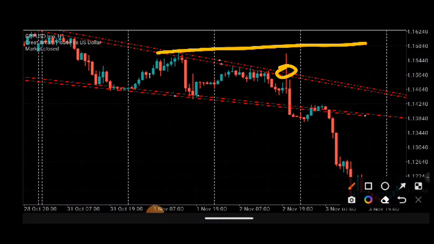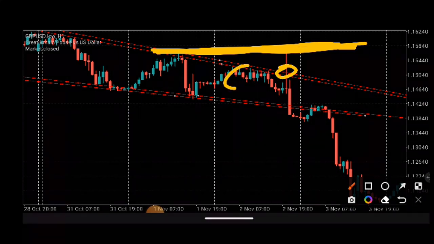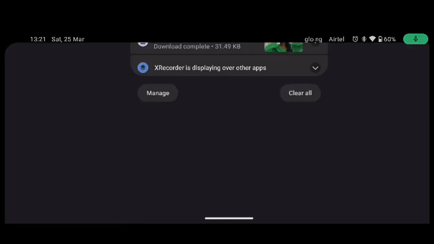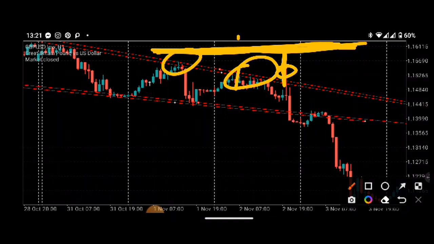Make sure your stop loss does not go above this area. But you give an allowance of maybe 5 pips, because your price might break this area for a while. It might even try to test this area, but if it ends up breaking this area, then you know the structure has been broken. It shouldn't go above this area here, okay?